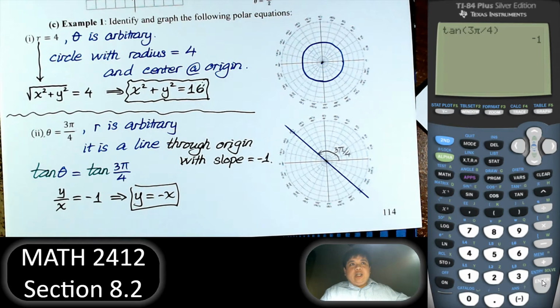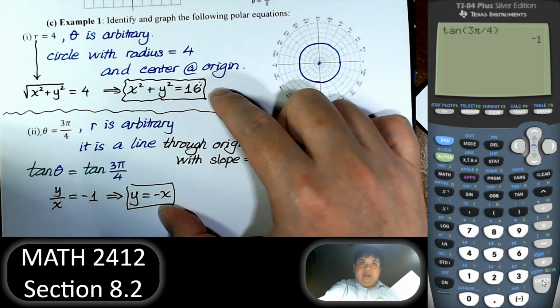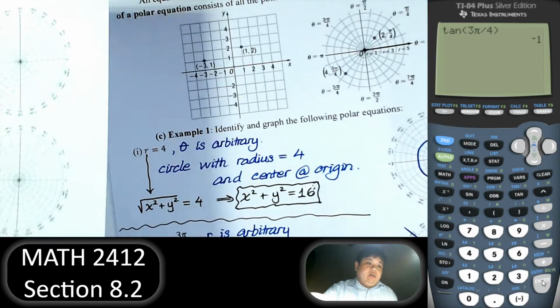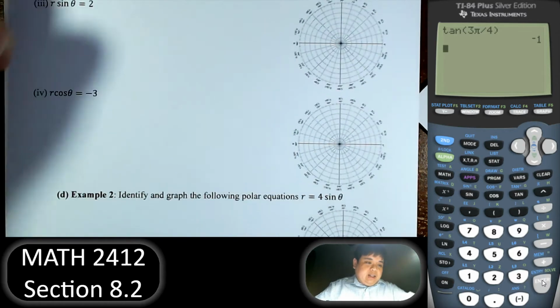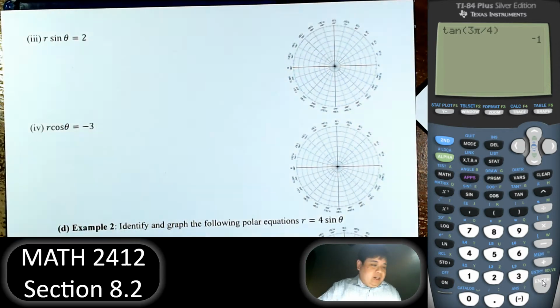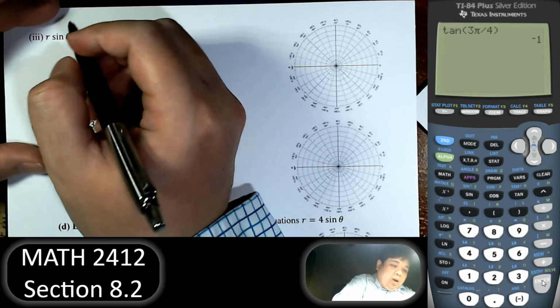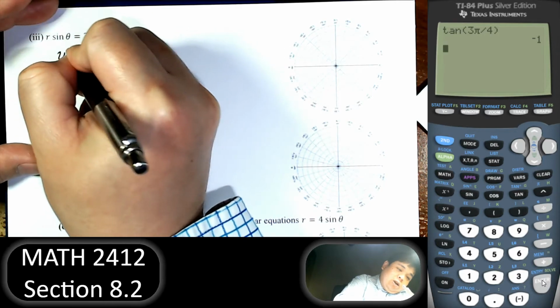Right. So we convert from r and theta to x and y, and so we have the equation in rectangular form. Next should be easy. r sine theta equal to 2, and it's obvious now. We've seen quite a few of them. r sine theta is equal to y, so y equal to 2.